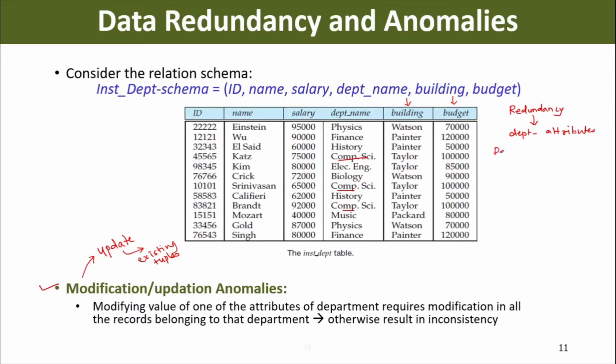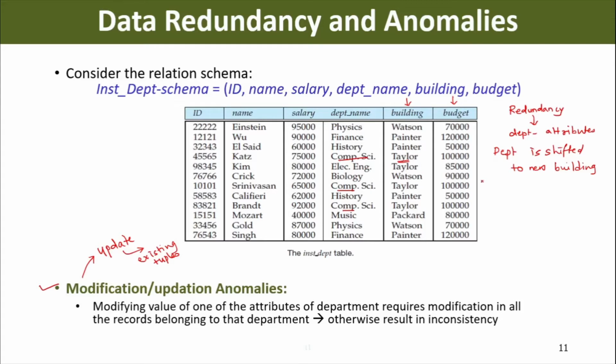But now if I want to update the value related to one of the department attributes, say for example the department is shifted to a new building, right? So the computer science department is shifted to a new building. So what do I need to do? I need to update this value for building for the computer science record.